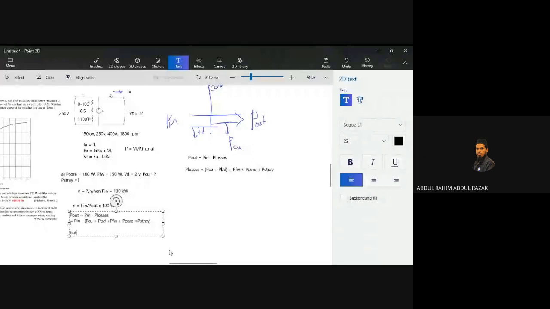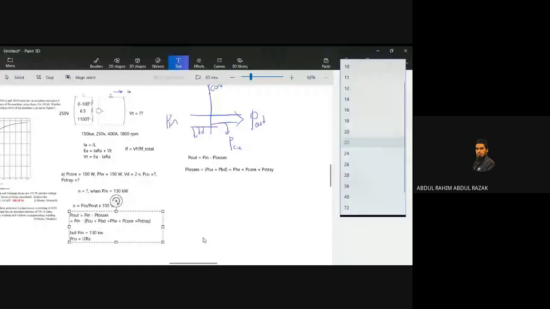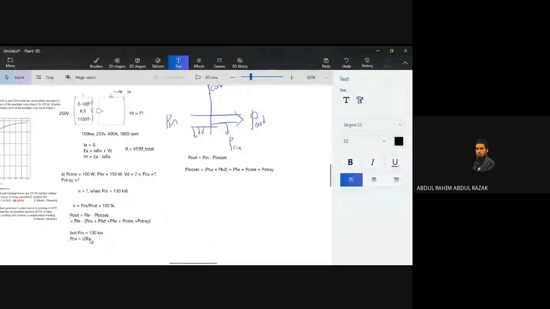Key in, or you click each of the columns. P equal to I square R A. This square is written in square mode; I can't write it over here. So this is a square. Take note.